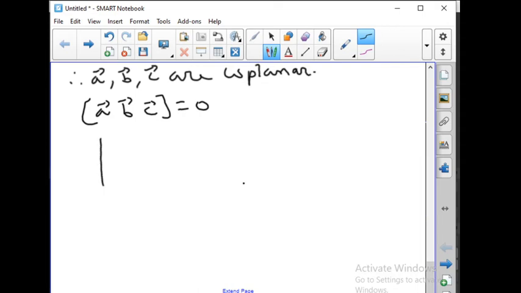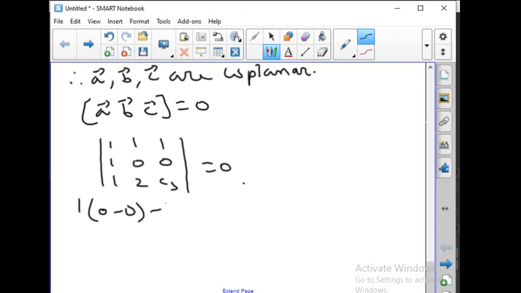The determinant of 1, 1, 1, 1, 0, 0, 1, 2, C3 is equal to 0. So now we expand this: 1 into 0 minus 0, minus 1 into C3 minus 0, plus 1 into 2 minus 0 is equal to 0.